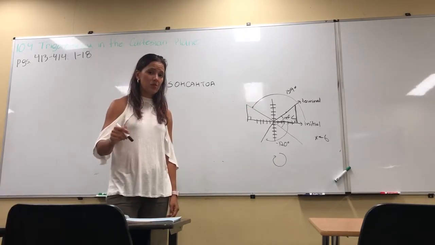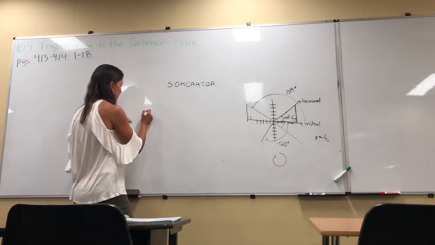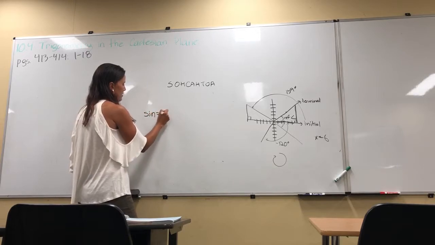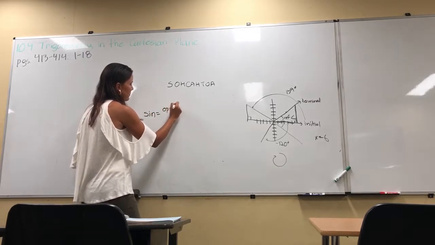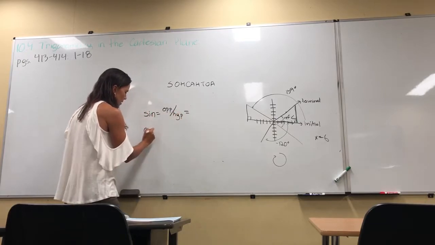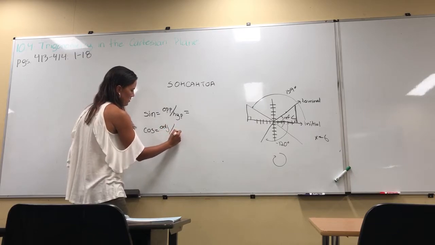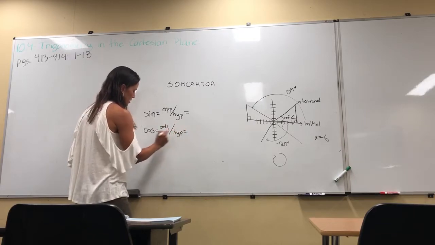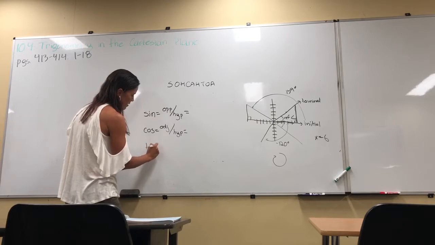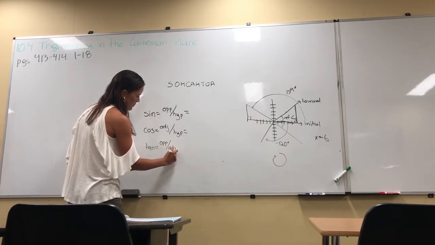And you actually won't even have to draw the triangle to figure out some of those, okay? Because sine is opposite over hypotenuse. Remember SOHCAHTOA. Cosine is adjacent over hypotenuse. And then tangent is opposite over adjacent.